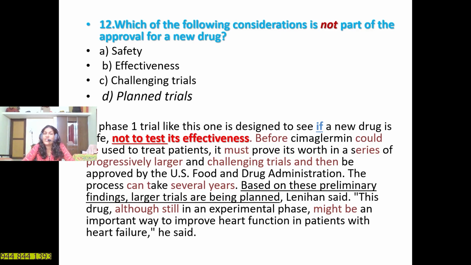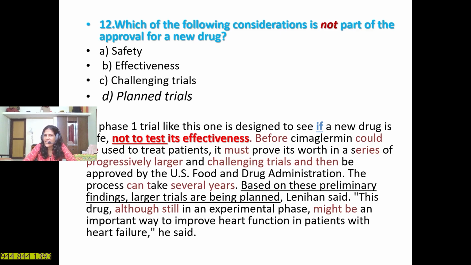Based on these preliminary findings, larger trials are being planned. After you get the approval for safety, effectiveness and challenging trials, you will be doing the large planned trials. So planned trials is not there in the approval.